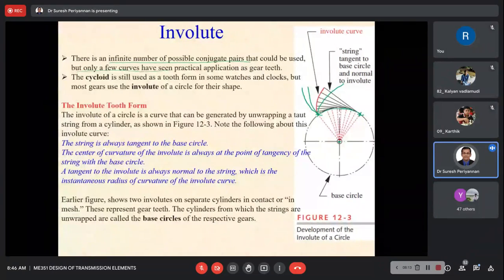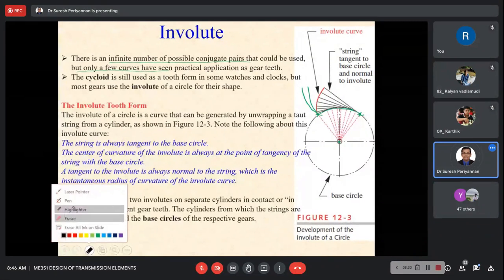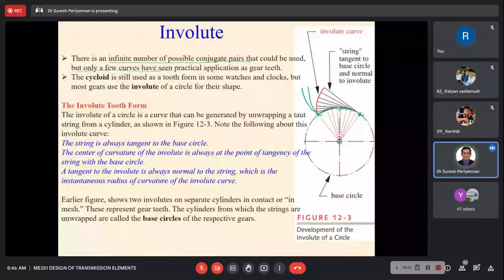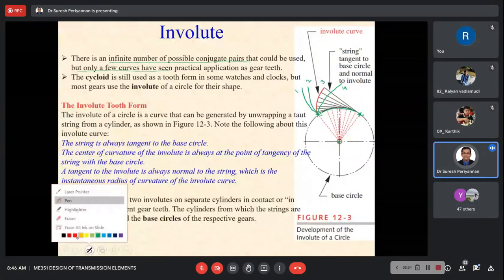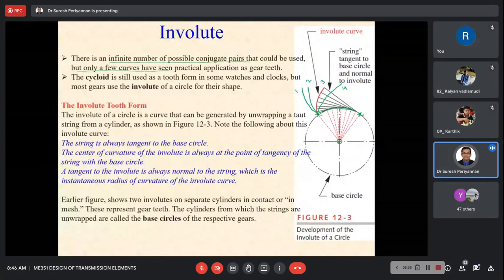For our understanding, I have drawn the curves like this. This is curve 1, 2, 3, 4. I can take not only curves, I can also take a straight line.